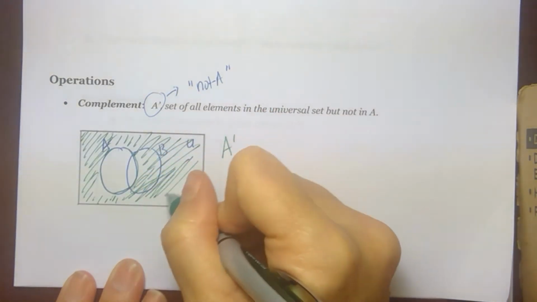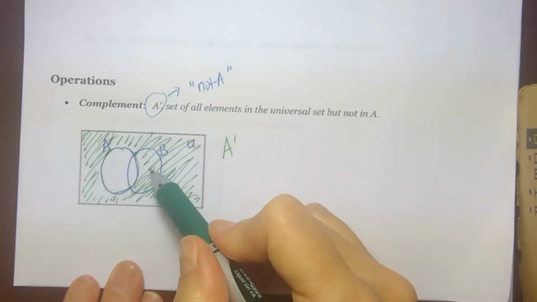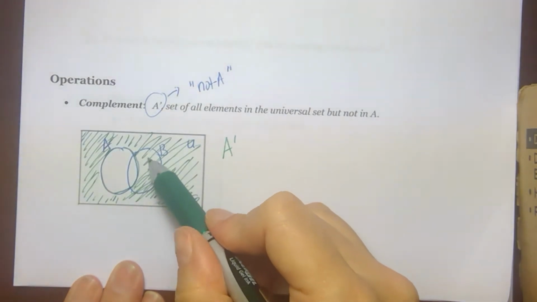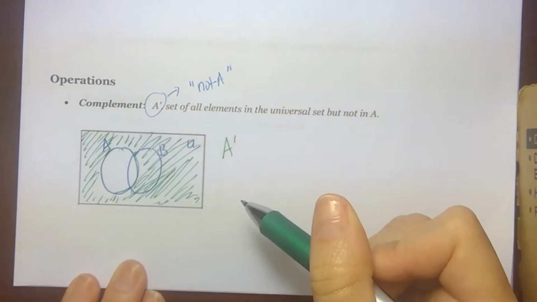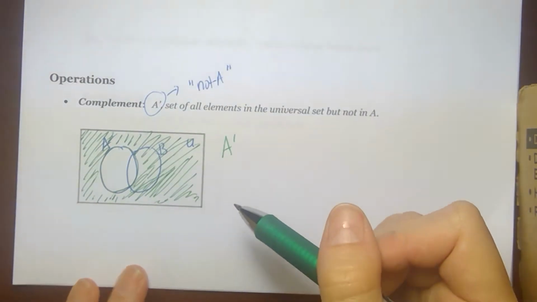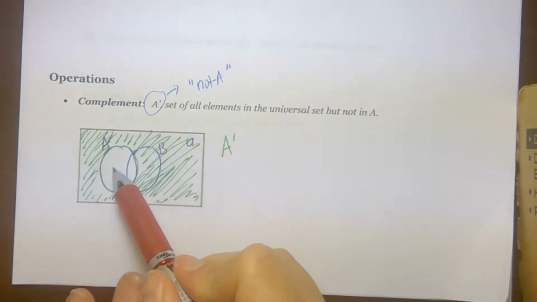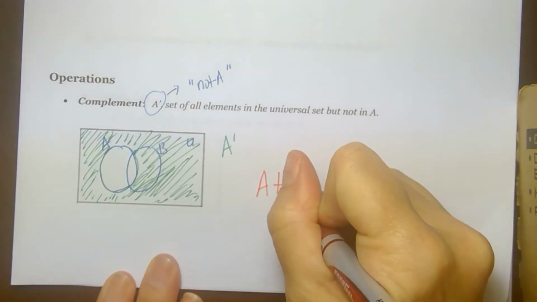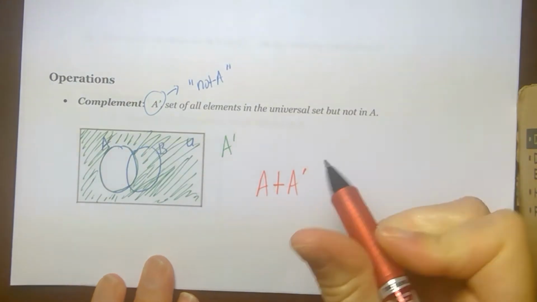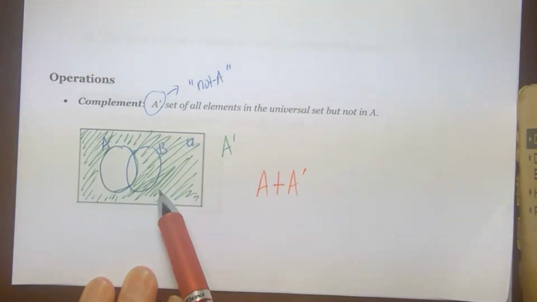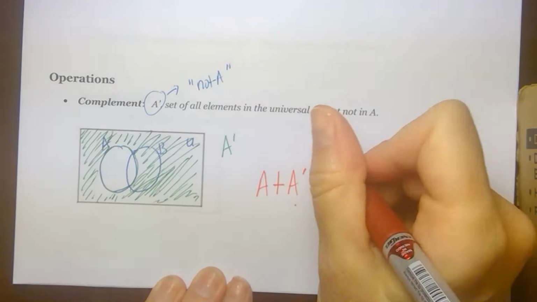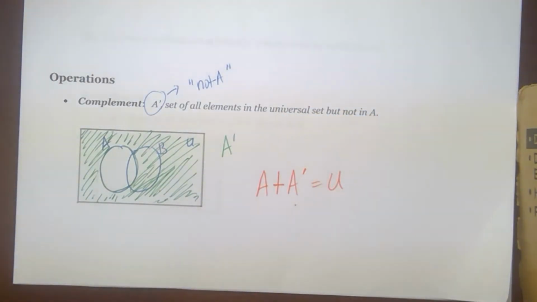So anything that's out there floating around in the universal set, anything that is in the B that is other from A, all of this that's shaded is not A. Now, if I consider A, so everything inside the A loop, together with everything outside the A loop, A plus not A, I have everything in the universal set. So A and its complement together include the universal set.